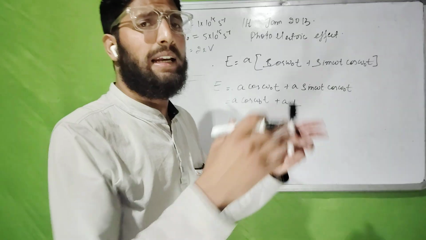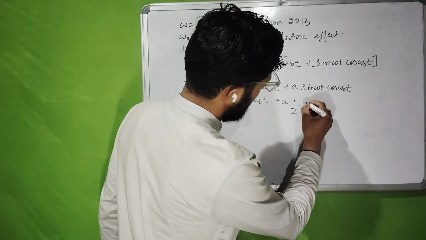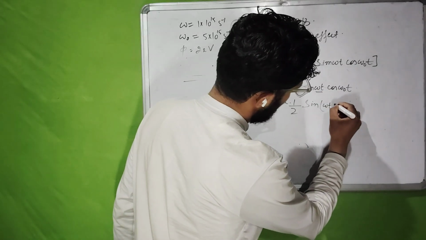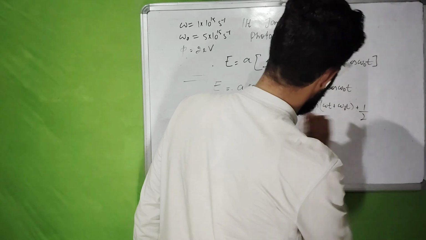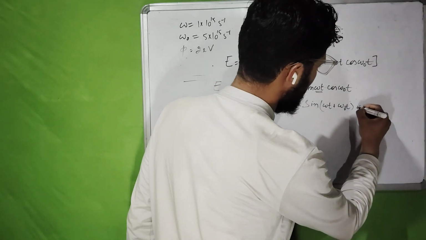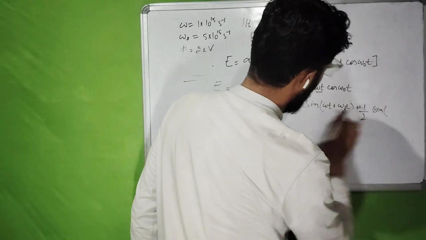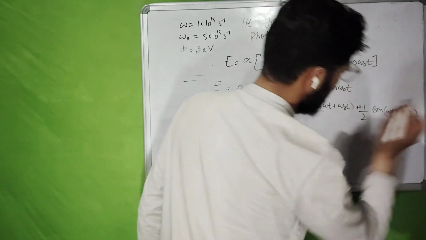plus sine A minus B. Half of sine A plus B, that is omega t plus omega naught t, plus half of sine A minus B, and A also multiplies this. A is omega t, minus omega naught t.